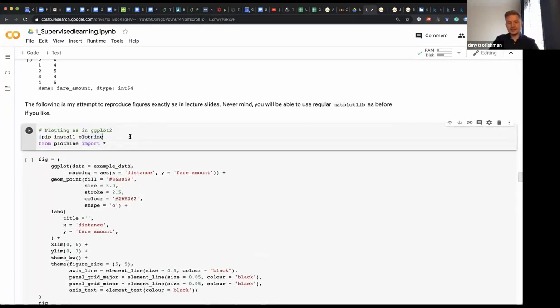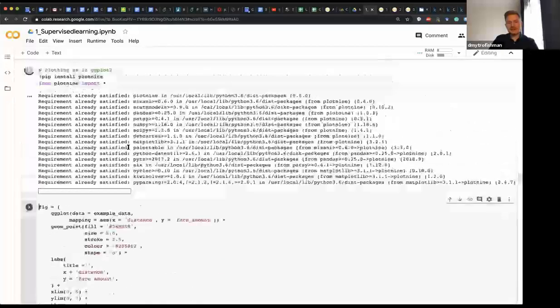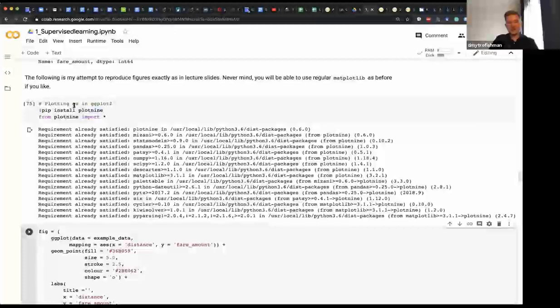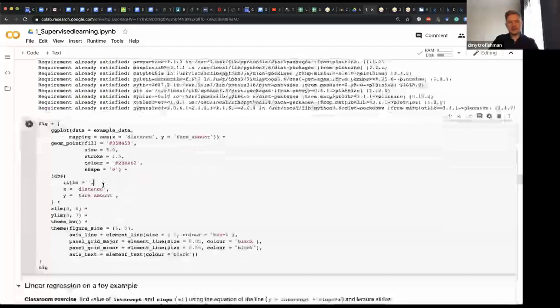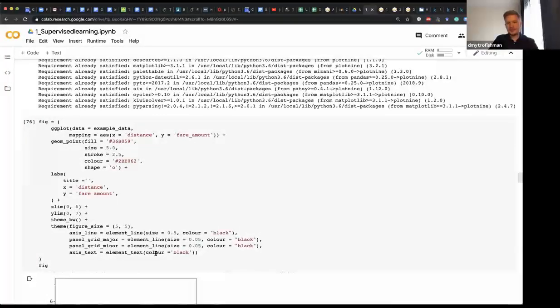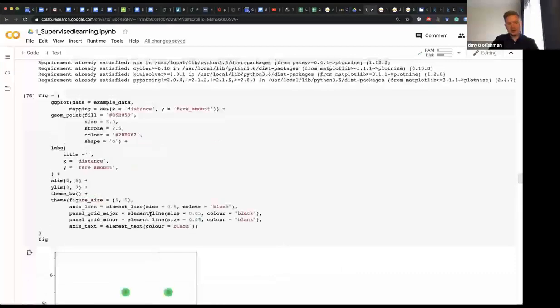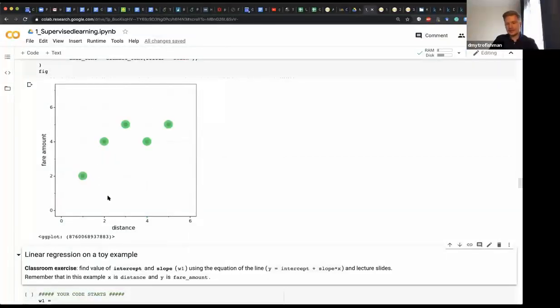Just run the plotting in ggplot2 and run this cell with a weird code. This weird code makes a plot that looks exactly like what we had in the lecture, right? It's just to make it look like the lecture slide, okay?